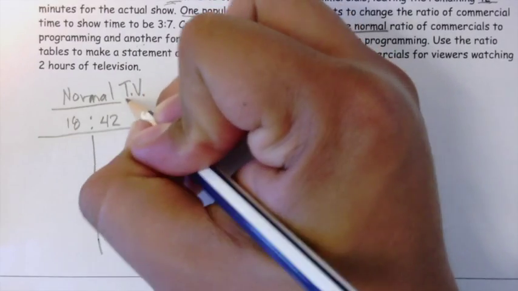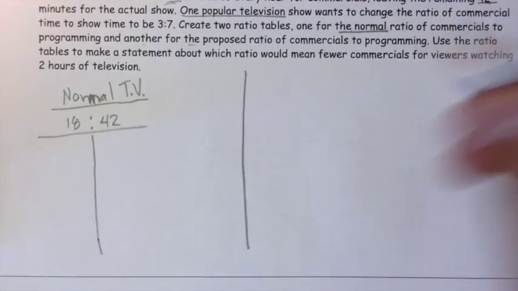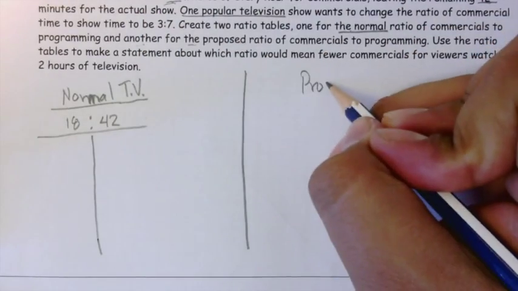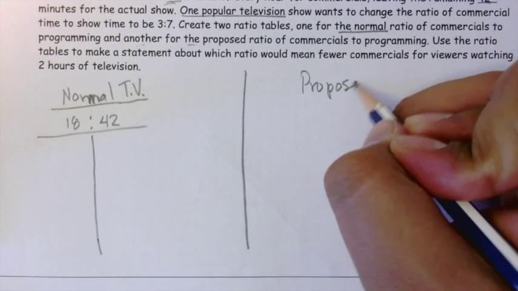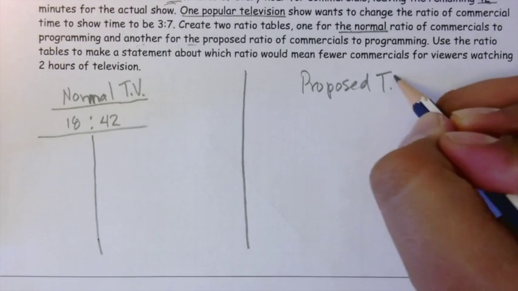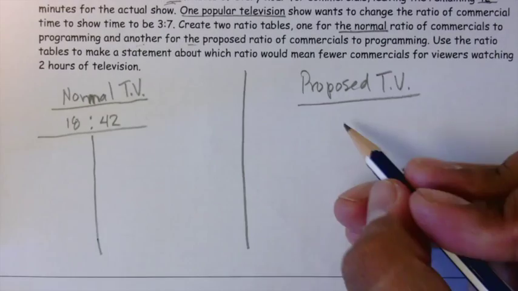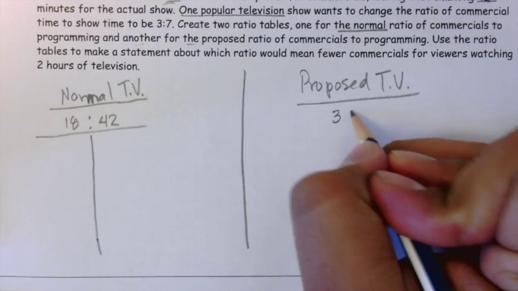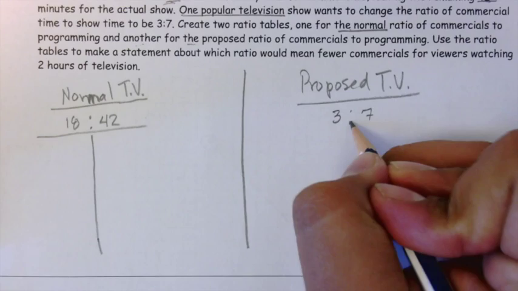You could put normal TV. Next, you can put proposed, and that one is 3 to 7.